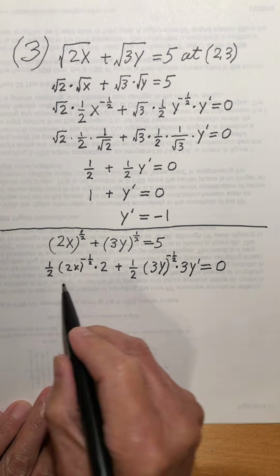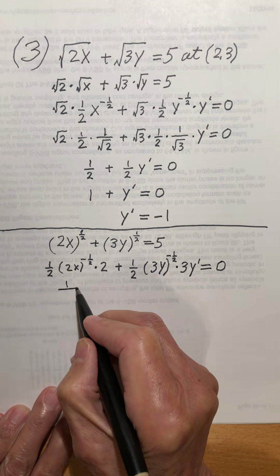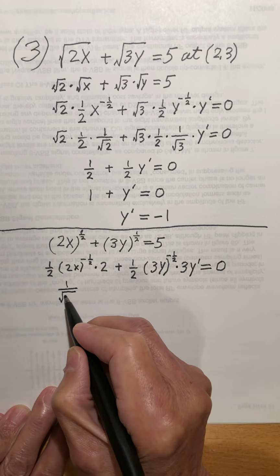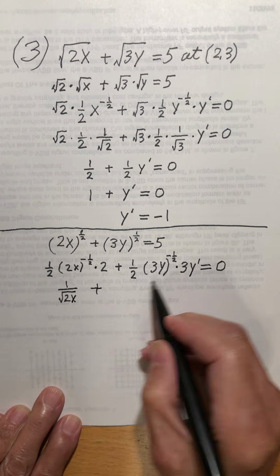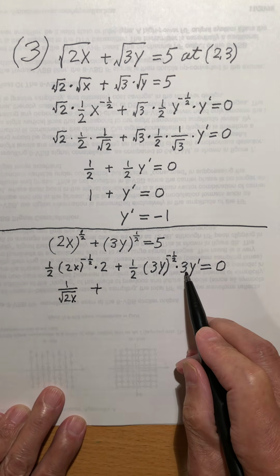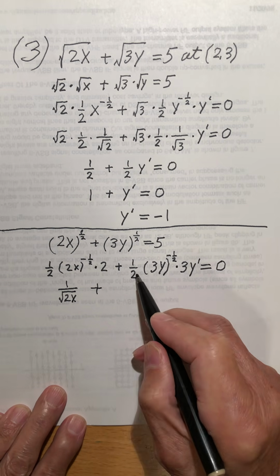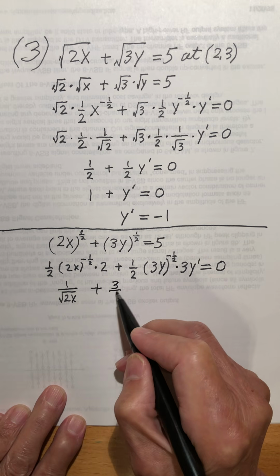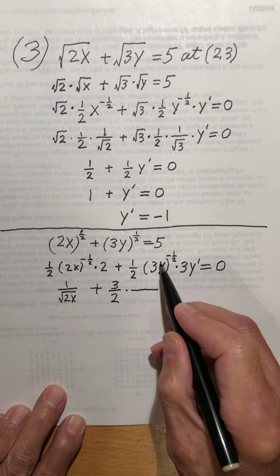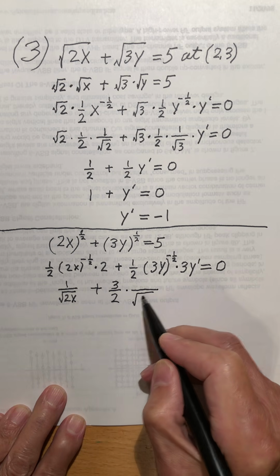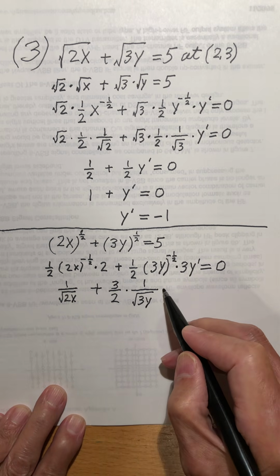Now we cancel the 2 and 2 and 2 cancels. So I have 1 over square root 2x, plus 3 over 2. Let's see, there is another 3 here. Okay, this 3 is inside the bracket. So 3 and 2 combine. And I have this in the denominator, and y prime.